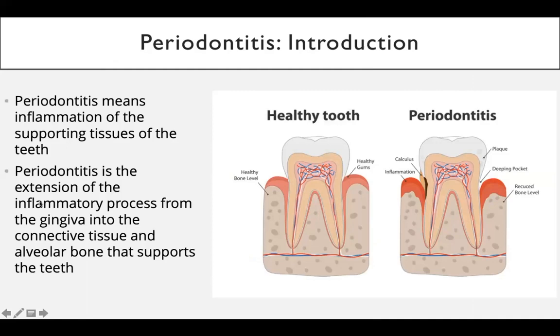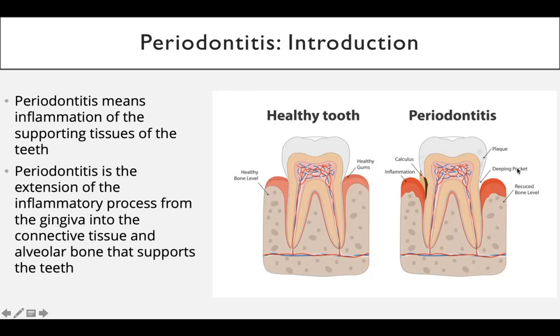Periodontitis is the extension of the inflammatory process from the gingiva. Basically, it is the extension of the disease process of gingivitis into the connective tissue and the alveolar bone, involving the cementum and periodontal ligament, which basically support the tooth. Plaque has already changed into calculus, and inflammation is already there as part of gingivitis.